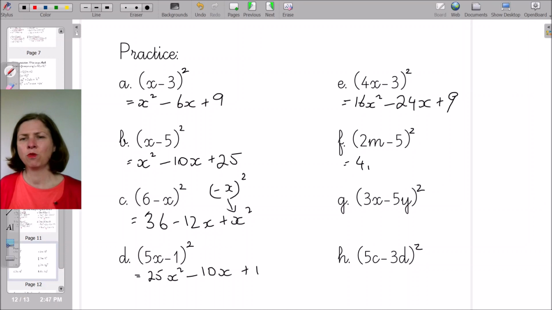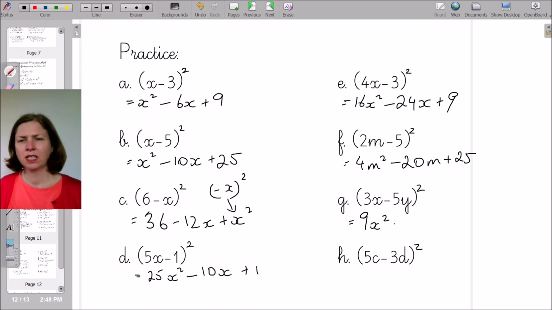This is going to be 4m squared minus 20m plus 25. So I've got this 2 is squared to make 4, and then the 2 times the 5 gives me 10, double it gives me the 20, and then the 5 squared is 25. This one's going to give me 9x squared minus 30xy.